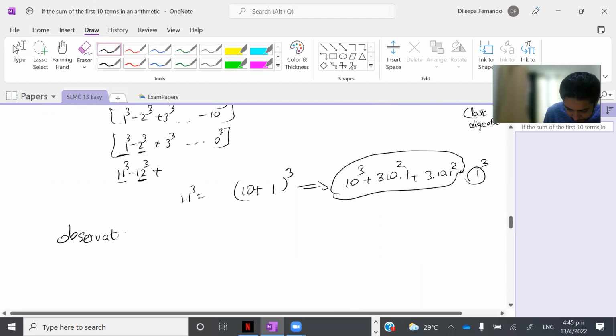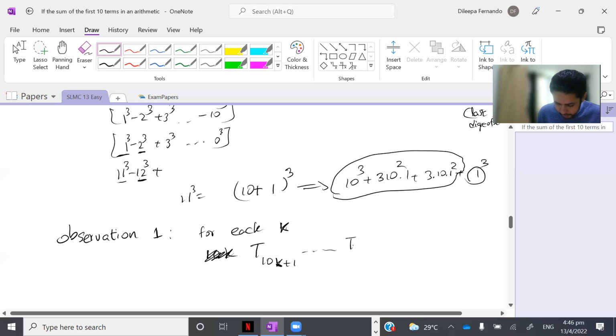Observation 1. Let's say these terms T10K.